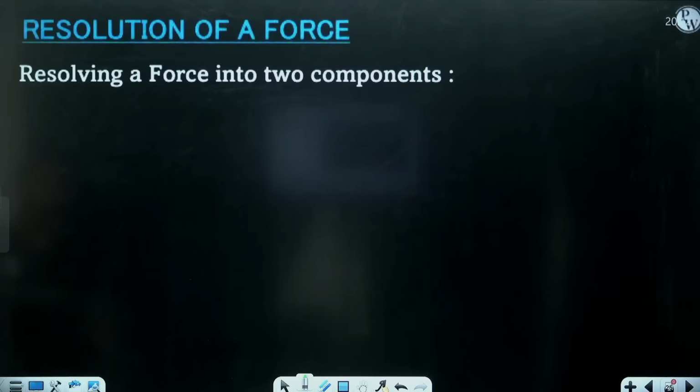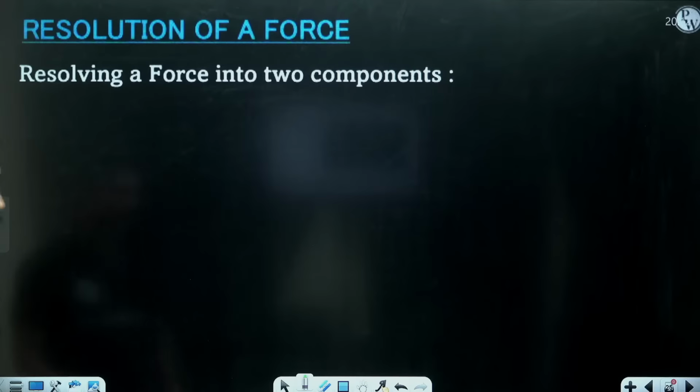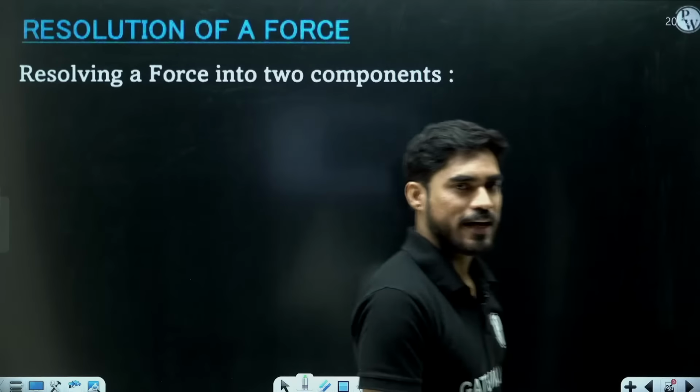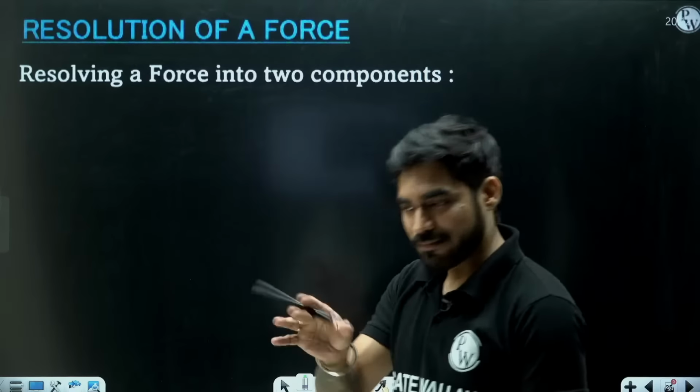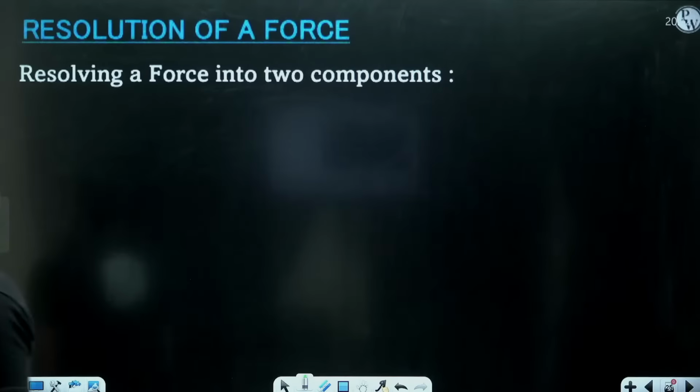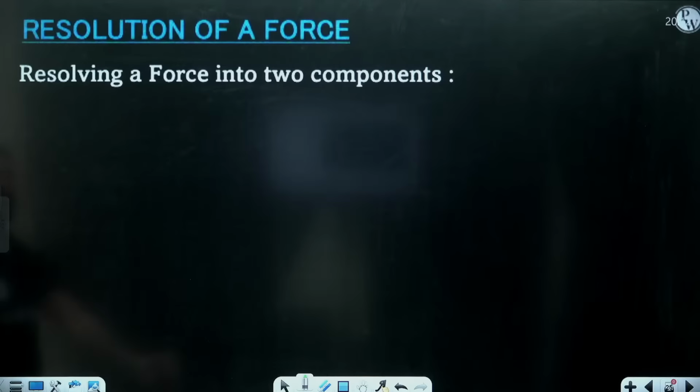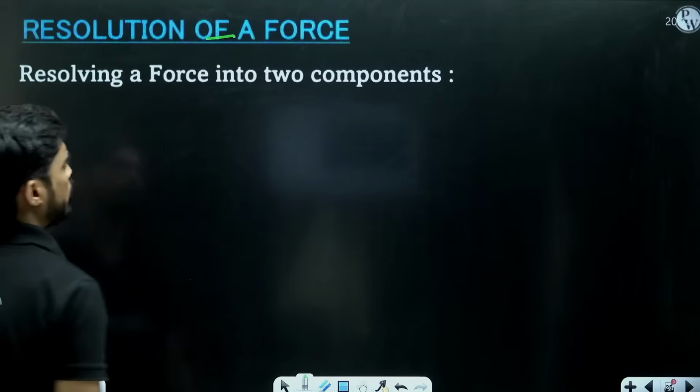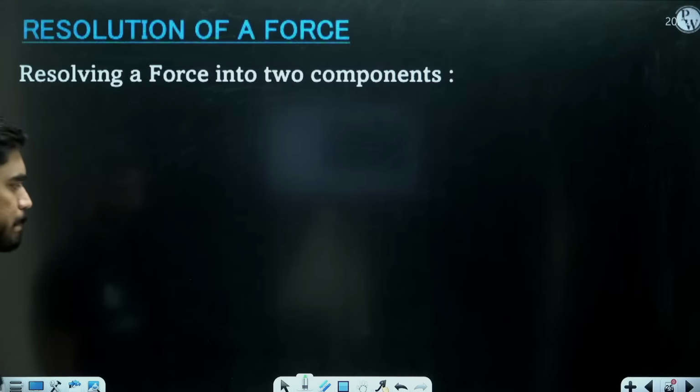Now after finding the resultant of two forces, we are going to reverse it. Reversing this process of finding the resultant of two forces is known as resolution of a force. What do we mean by resolution of a force?